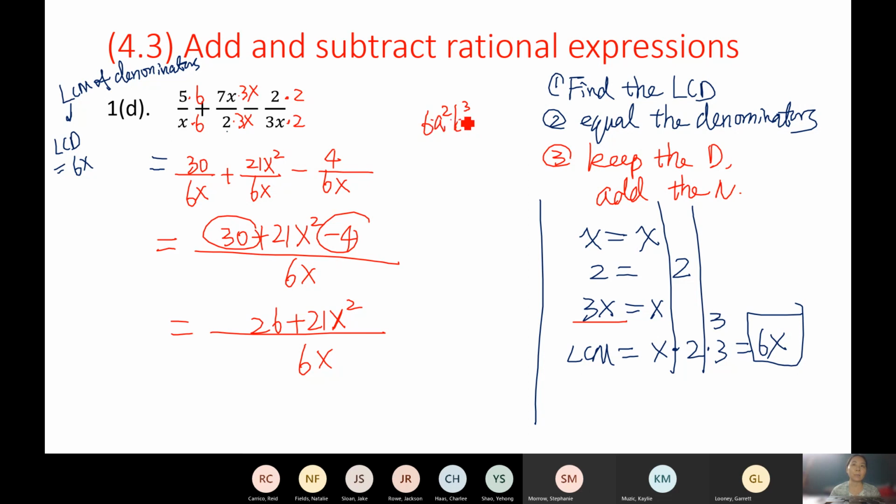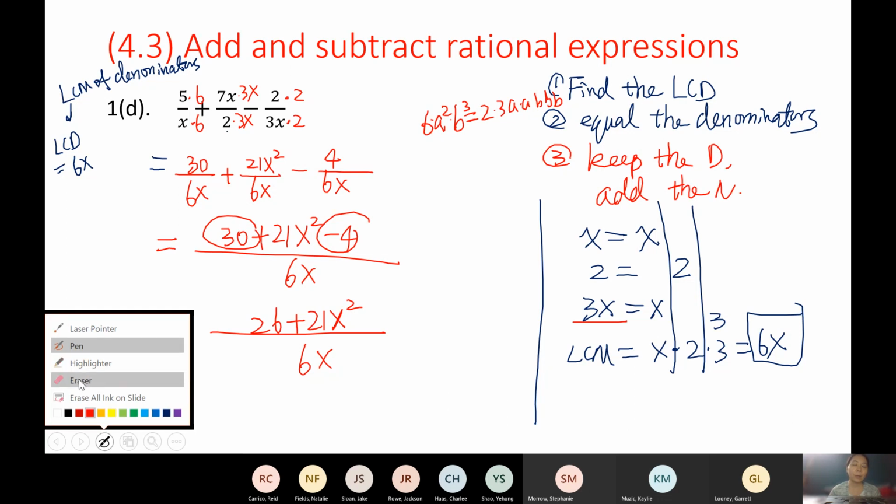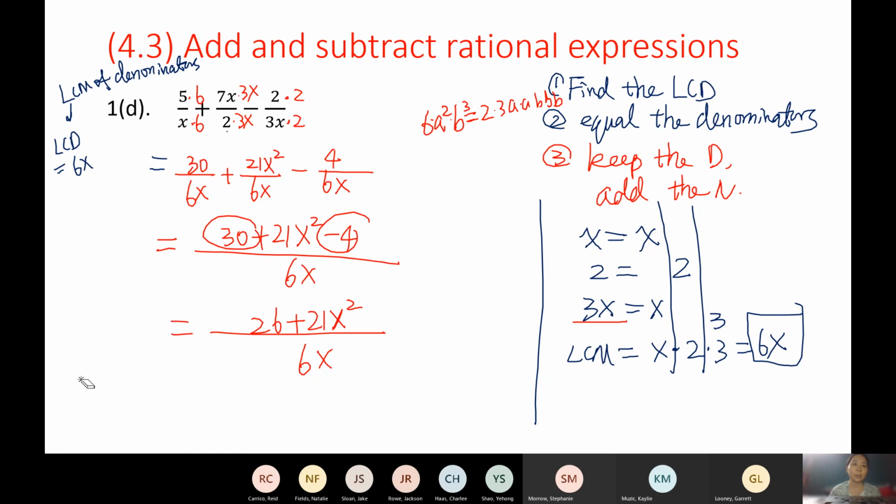It's all multiplication: 2 times 3, a squared is a times a, and so on. Most of the things can be factored further, and you only have multiplication in the denominator.